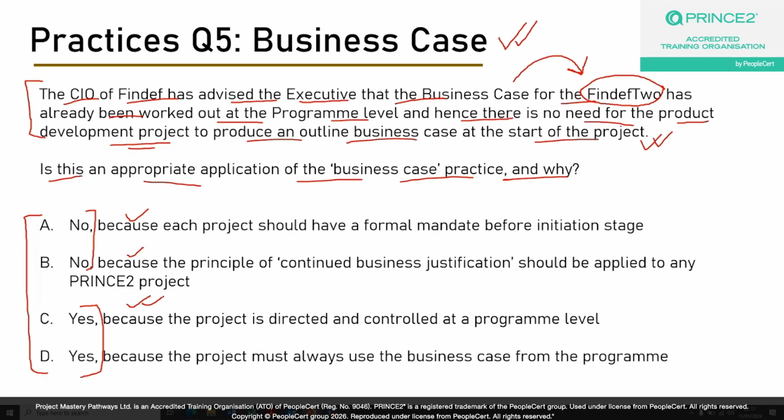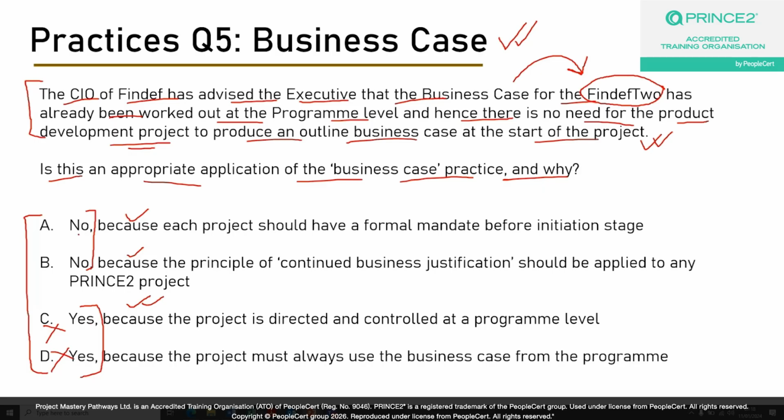So if you have that understanding, you can definitely eliminate option C and option D, because you know that this is not a correct and appropriate application of the business case practice. Okay, so option C and option D are off the table, but again we'll come back to it and eliminate it on solid grounds just to enhance your learning.